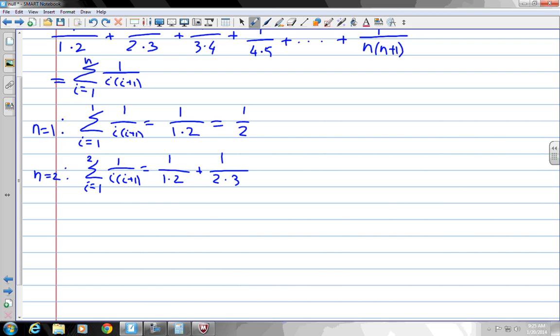So this is where I was 1, plug in 1, increase by 1, plug in 2, you get that. So you get 2 items. So it's 1/2 plus 1/6. So what's that? Find the common denominator. You get 4 over 6, which reduces to 2 over 3. Is that okay?